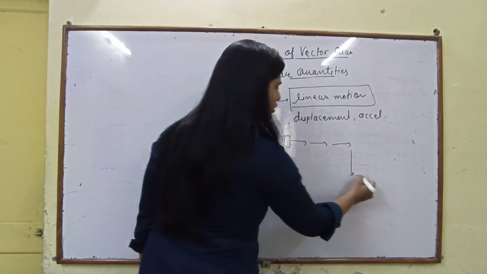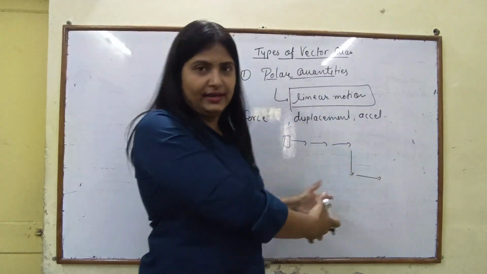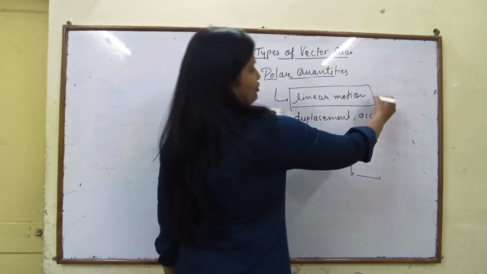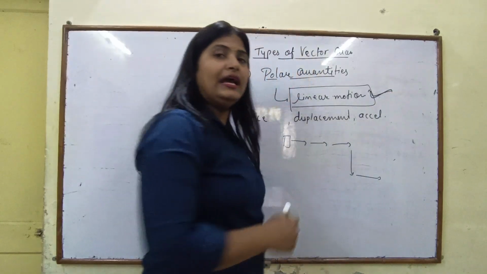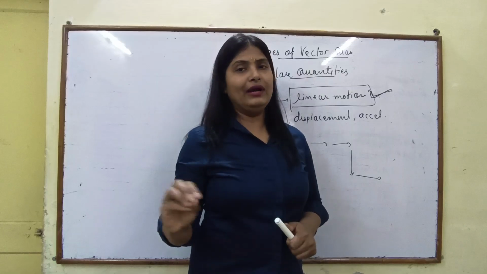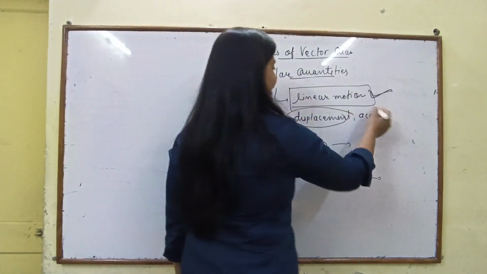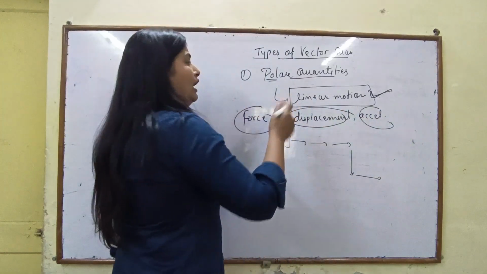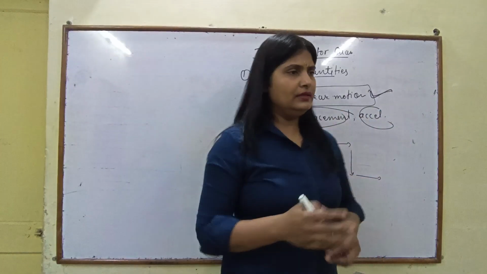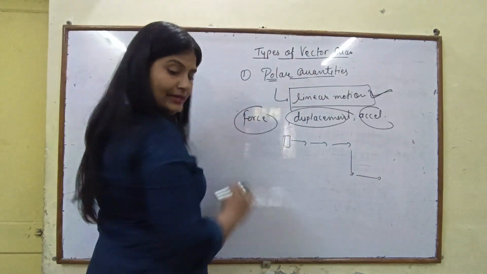So different types of movement which are shown here are all linear motion. At the time of linear motion, any physical quantity is known as a polar quantity, like displacement, acceleration, force.